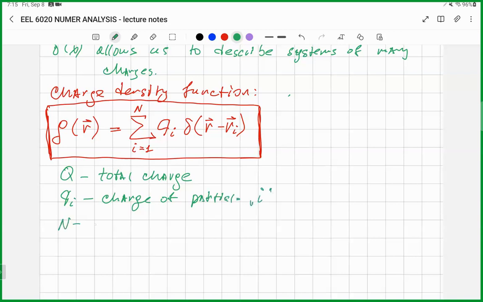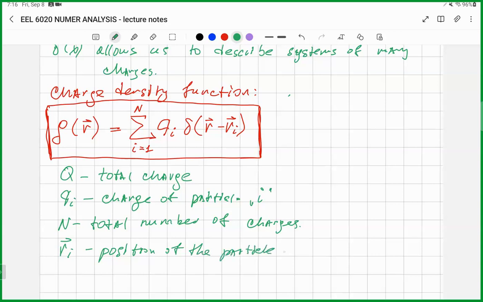Capital N is the total number of particles, of charges, and ri is the position of particle i, or charge i.